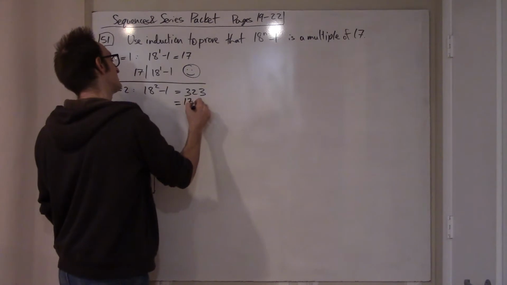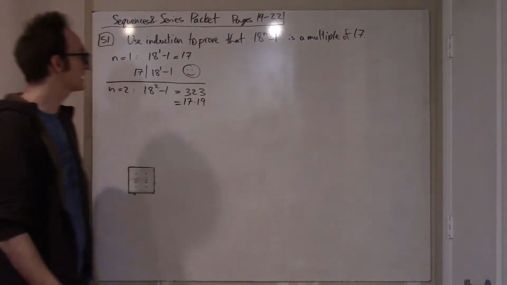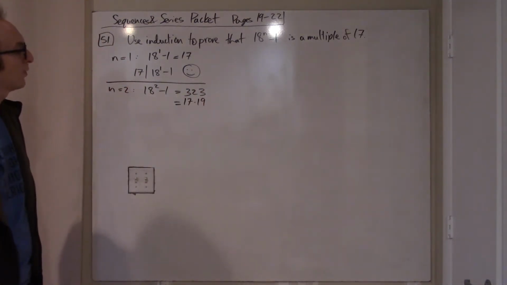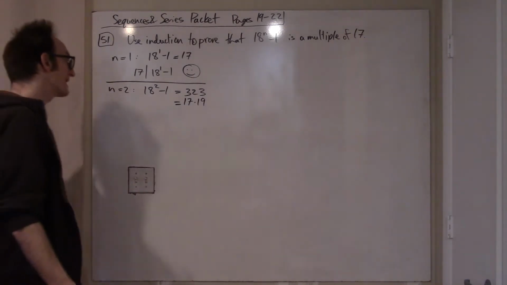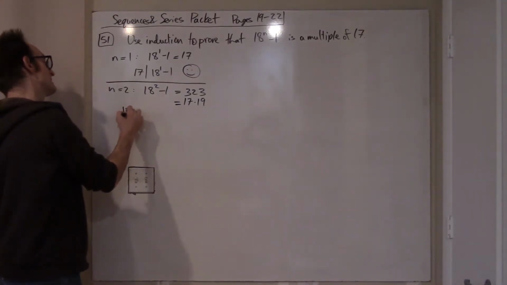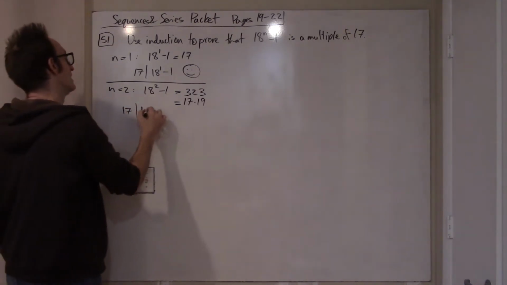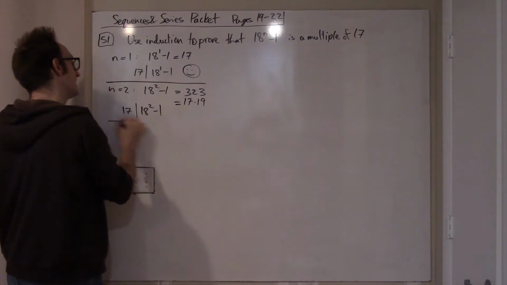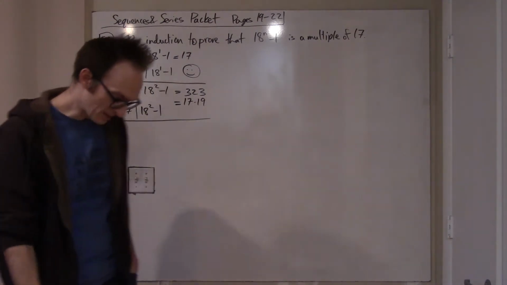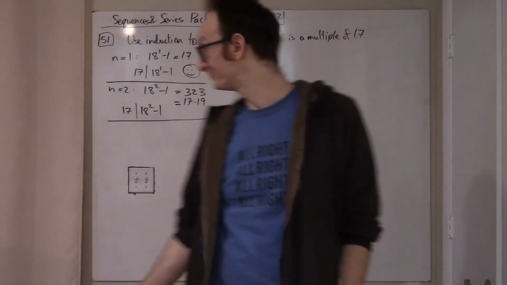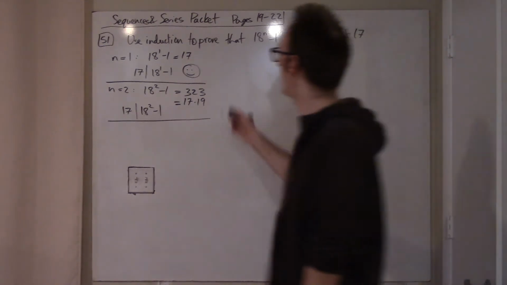This must be 17 times 19. That's probably right. 190 and 70, that's 260 and 63, yep. Okay, so it appears that 17 also is a factor of, or goes evenly into, or divides 18 squared minus 1.